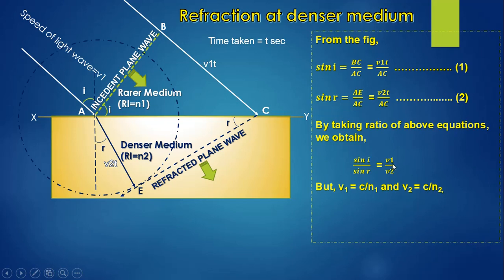So V1 equals C by N1 and V2 equals C by N2. If you substitute these values in the above equation, it turns into N1 sin I equals N2 sin R. This is nothing but Snell's equation.